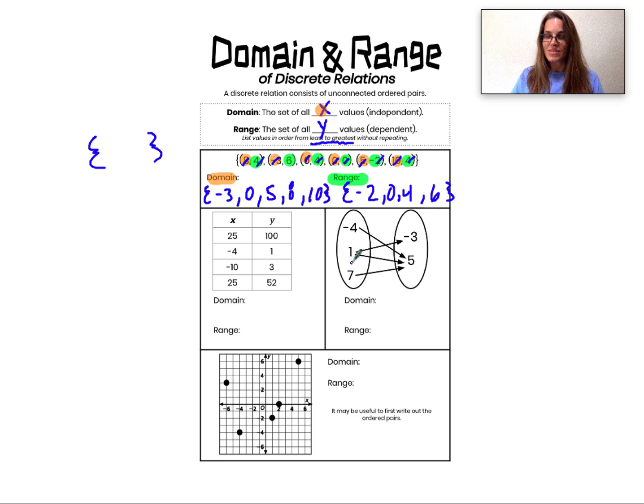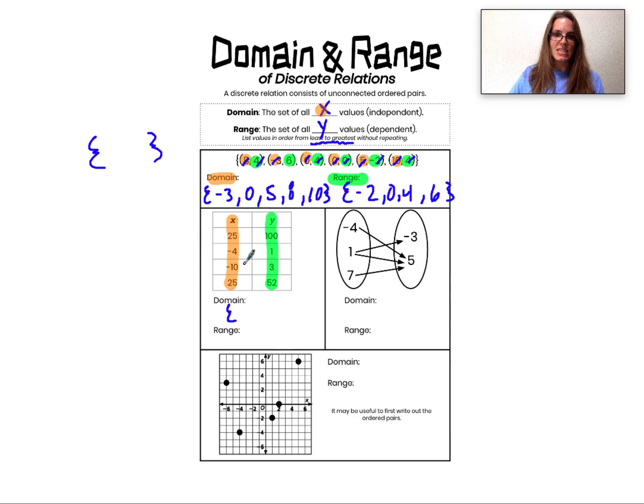Next example, my relation is given as a table. When my relation is given as a table, the left column gives me the x values. The right column gives me the y values. So the left column gives me my domain, the right column gives me my range. All right, domain.